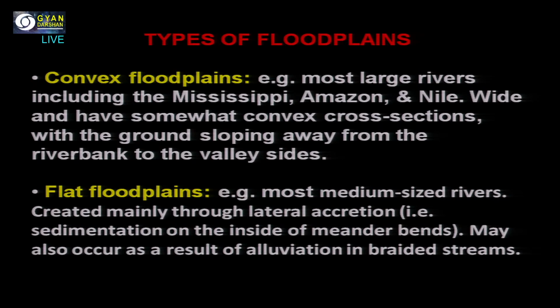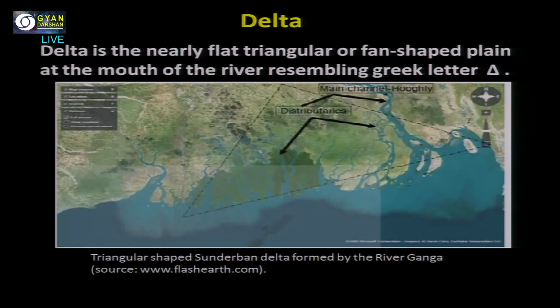These floodplains are wide and have somewhat convex cross sections, where the ground slopes away from the river bank to the valley sides. The second type is the flat floodplains, shown by most medium-sized rivers, created mainly through lateral accretion, meaning the process of sedimentation on the inside of meander bends, and it may also occur as a result of alluviation in braided rivers.